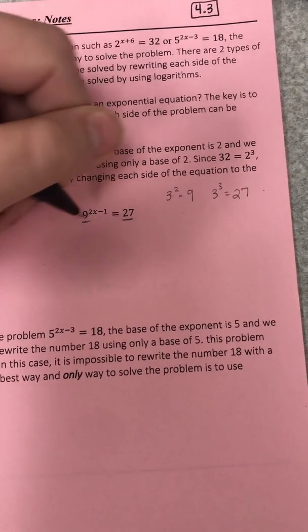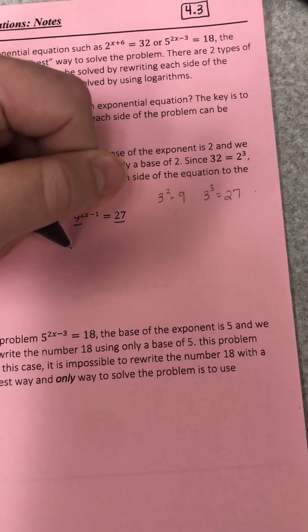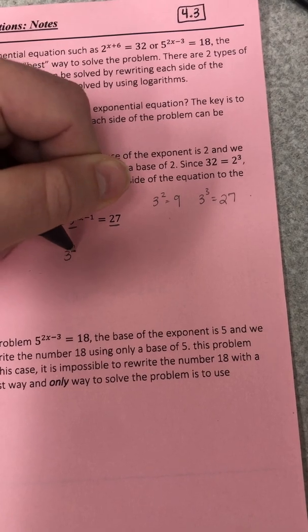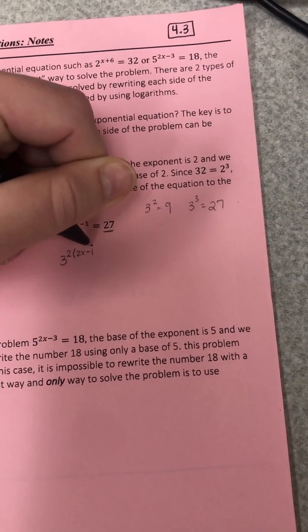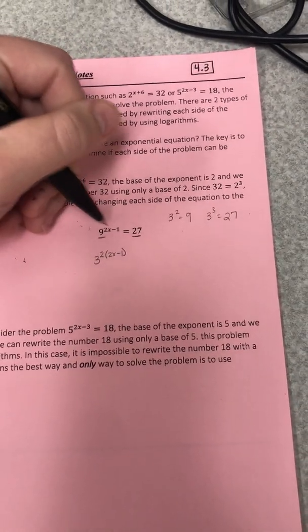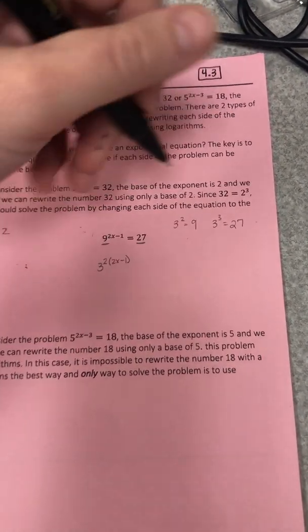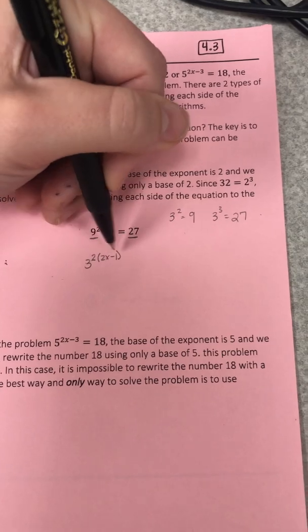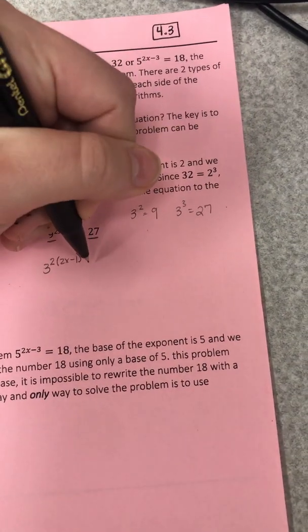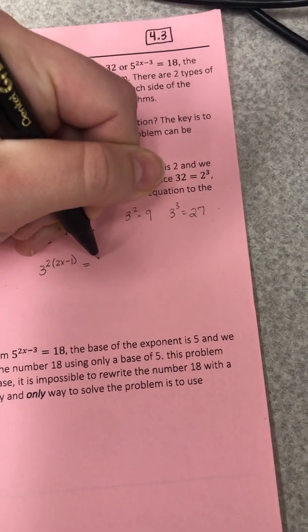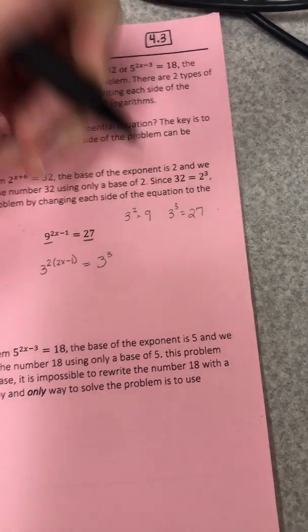So we are going to change both of our bases to 3. Because we already have a 2x minus 1, I will be putting 3 to the 2, but in parentheses I'm going to put 2x minus 1, because when you raise an exponent to an exponent, you have to multiply them by each other. And we have 3 cubed over here.